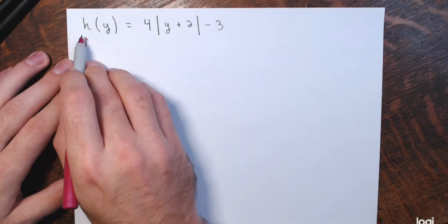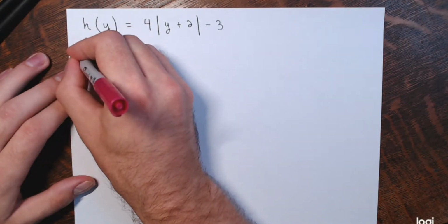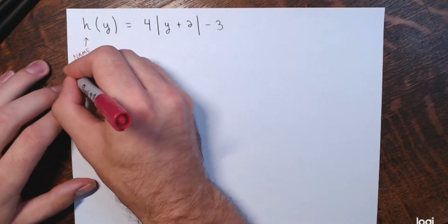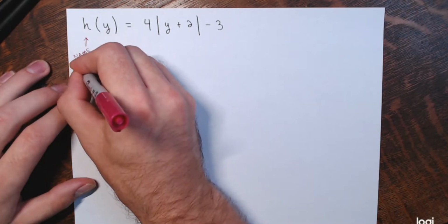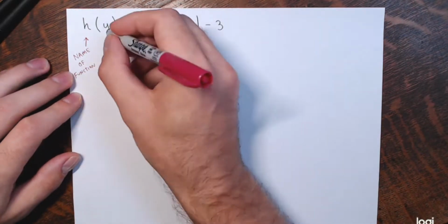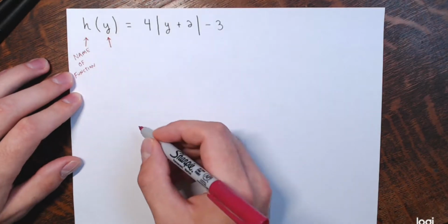The expression on the outside of the parentheses is the name of the function. Inside the parentheses are your input variables.